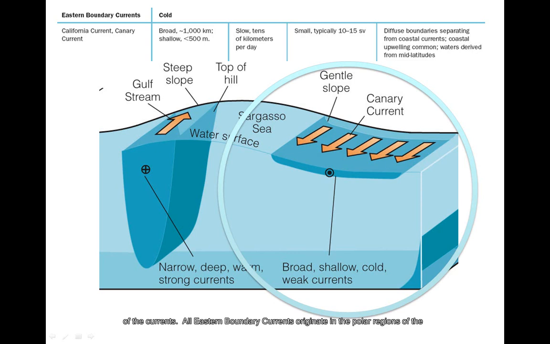Now, all the eastern boundary currents originate in the polar regions of the ocean and therefore transport cold water from the poles towards the tropics. And the California Current is the first major reason why we here in Southern California have relatively cold ocean water for our location here on Earth.